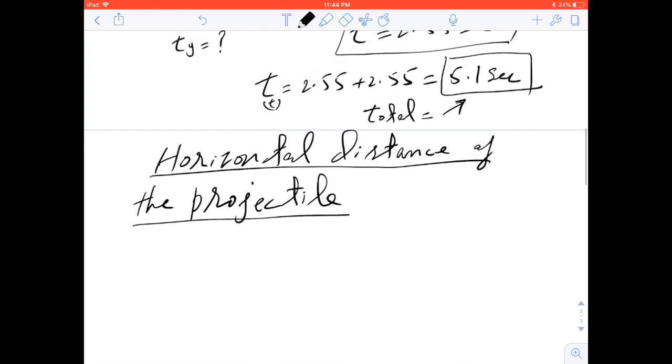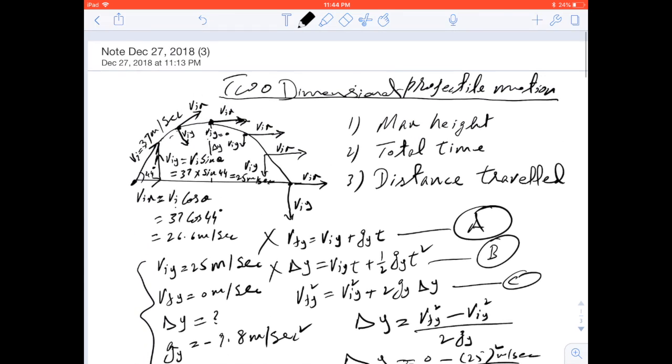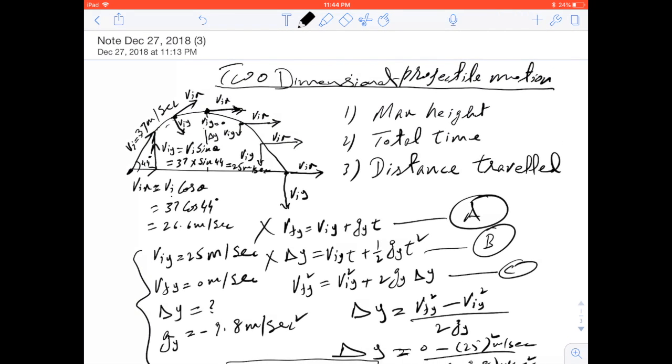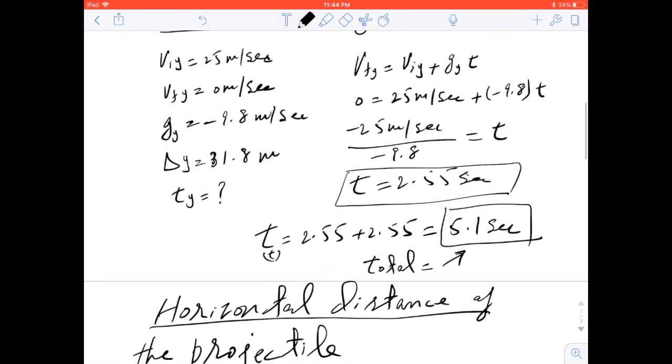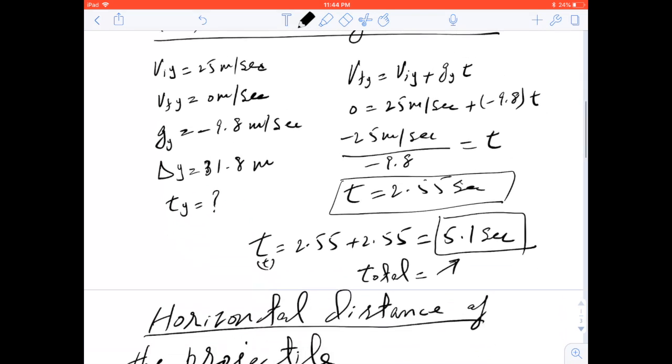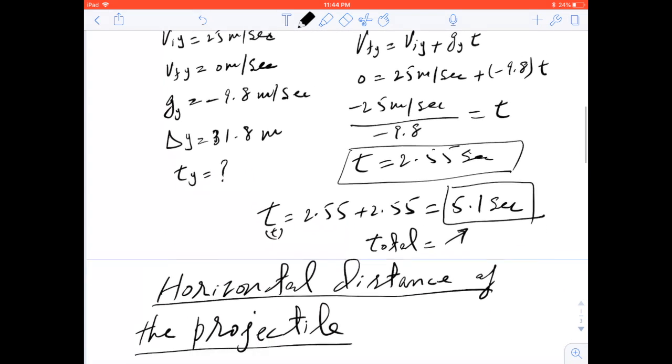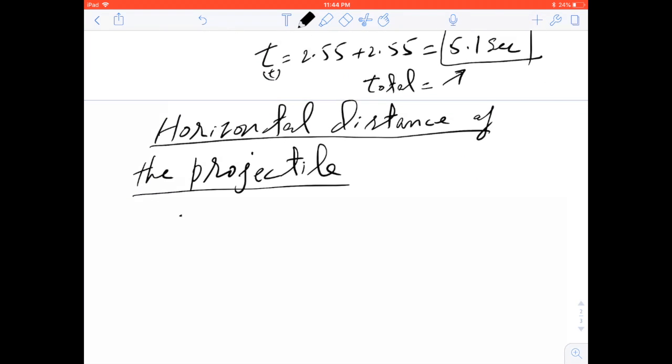Now, the time taken in this whole flight for the y component and the x component is the same. So the time which we have calculated for the y component, we can say that ty equals tx, which means it is the same for the horizontal component. So 5.1 seconds will also be for the horizontal component of the projectile.